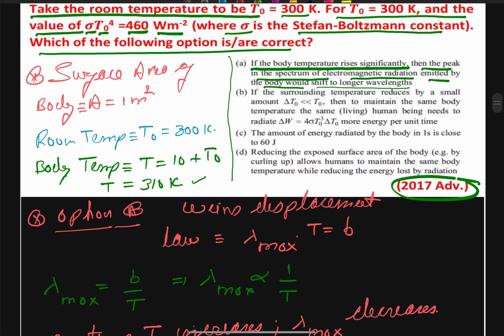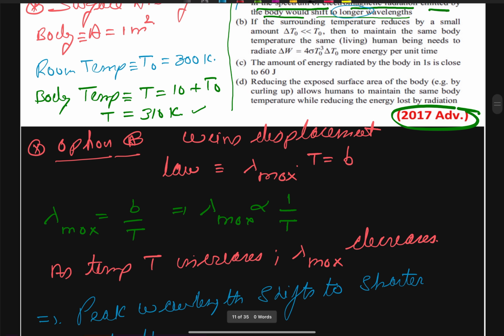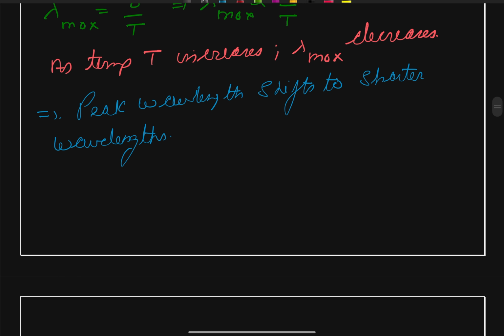In the question it is given that it shifts to a longer wavelength. So option A is incorrect.